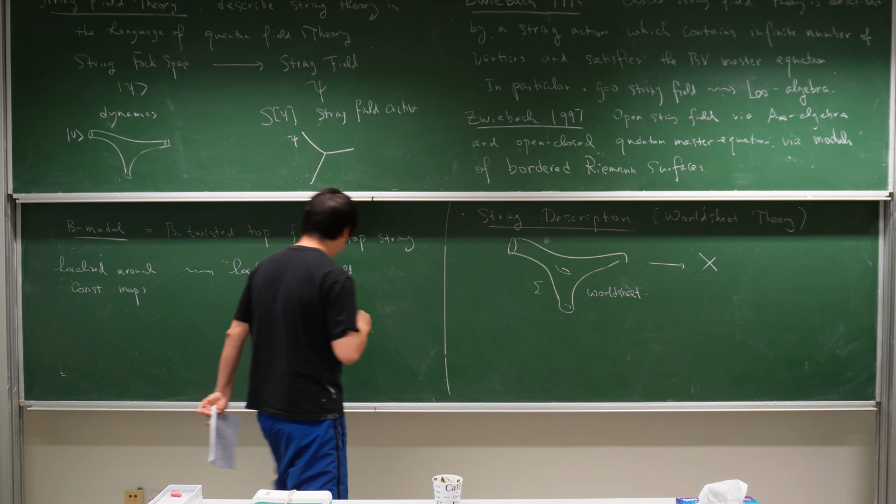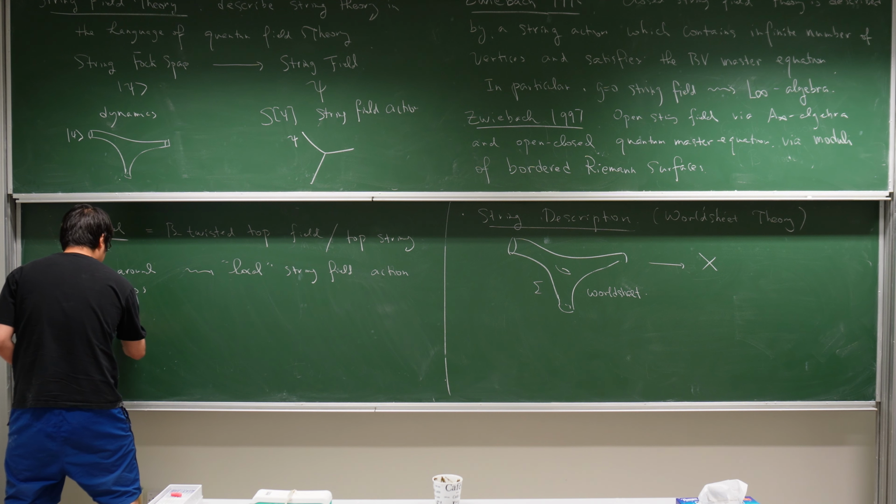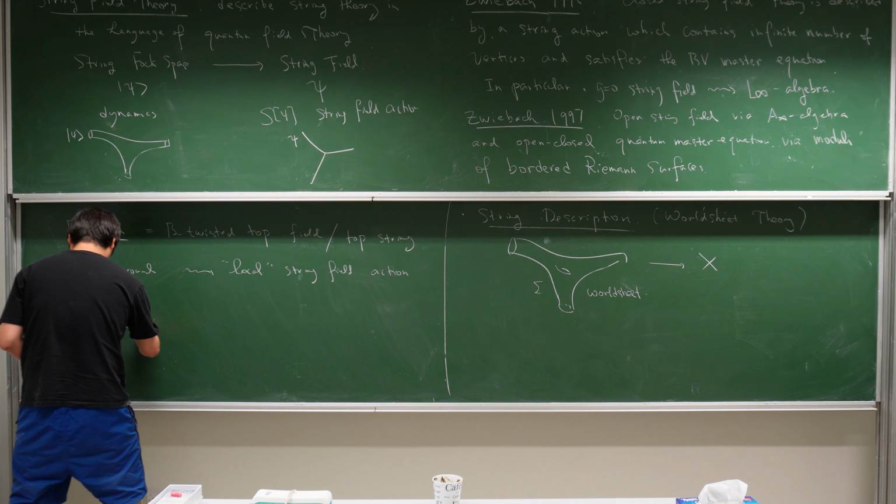Now, here's a rough picture. Originally you describe, say, a topological field theory in a B model by some dynamics like that. Then in the string field description, you localize to some constant map at some point.